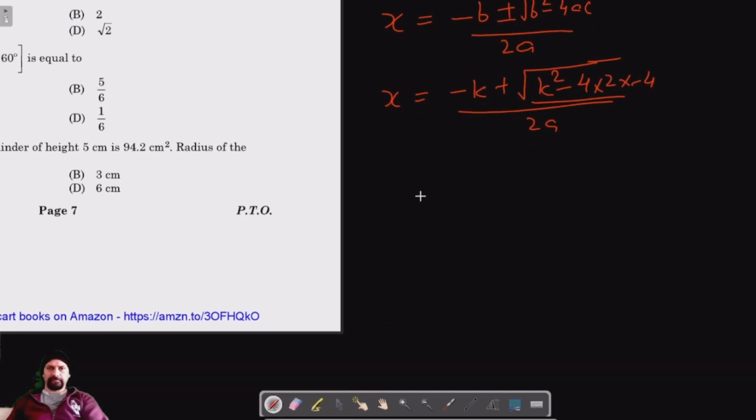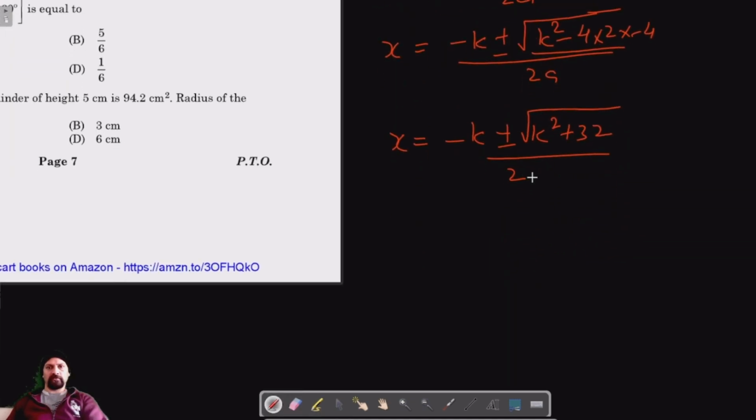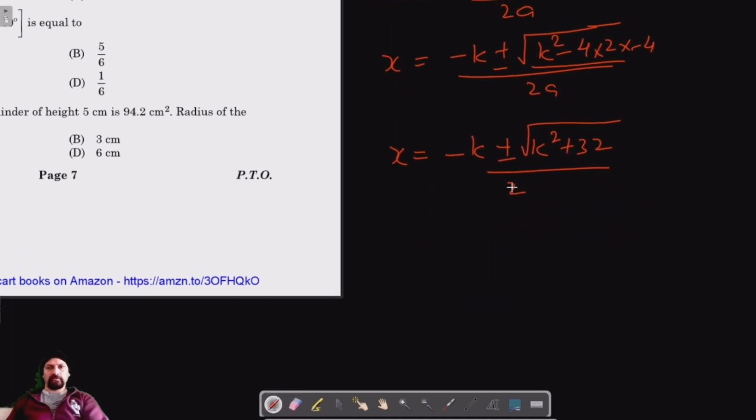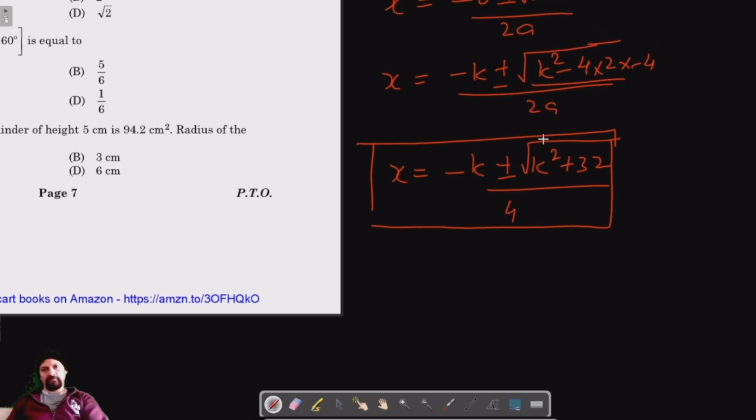So this is now x is equal to minus k plus minus root of k square plus 4 into 8, 4 8s are 32, upon 2 into a, which is 2, so this should be 4. Now, this whole expression will be a rational number if this is a perfect square.